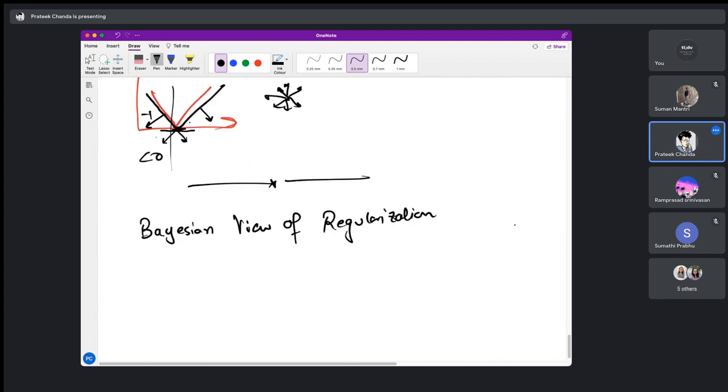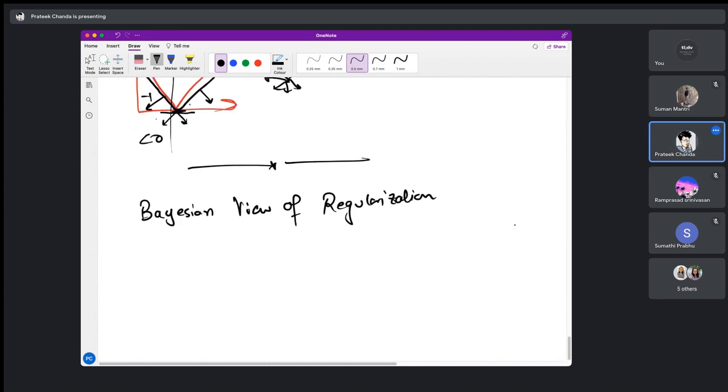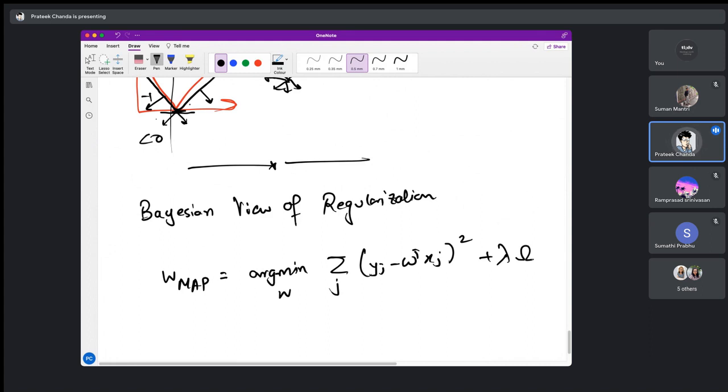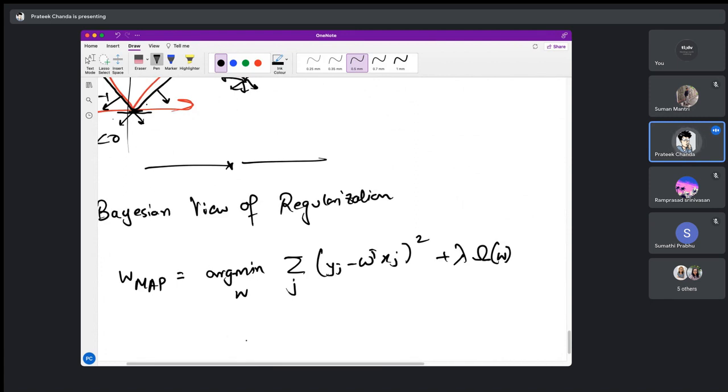For MAP, our objective was argmin over w of the summation over j of (yj minus w transpose xj) whole square plus lambda times some function of w. I denote it as this. It can be L2 for ridge regression, or L1 for lasso regression.